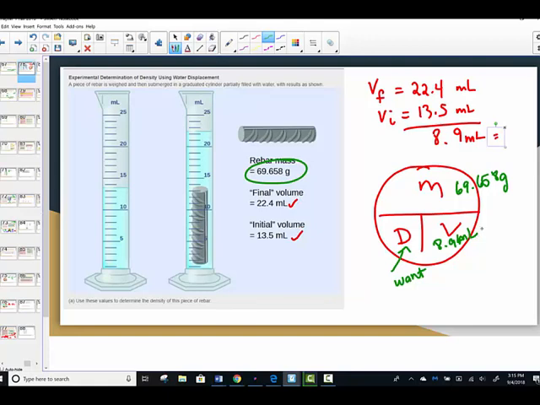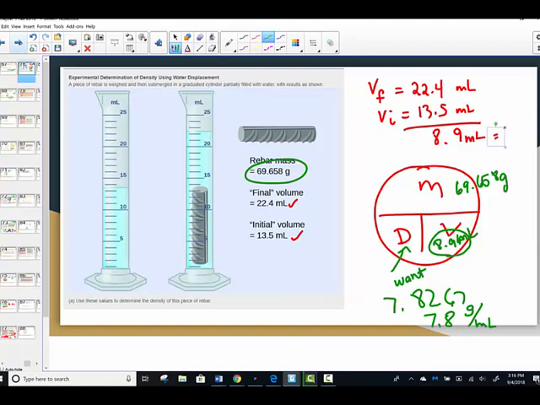I'll hit that for us. 69.658 divided by 8.9. My calculator reads 7.8267 and even more decimals after that. How many are we limited to? We're limited to 2 sig figs, from the volume unit. So I can round to 2 sig figs. 7.8 grams per milliliter is my derived unit for density.